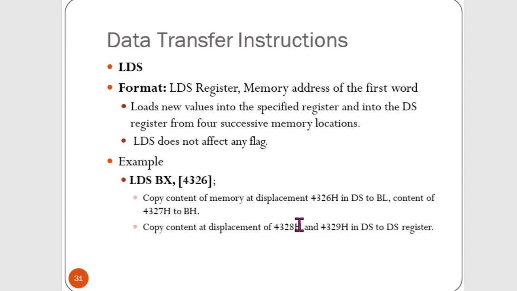Then the consecutive locations thereafter go to the DS register. It copies the 16-bit value from 432X onwards to the BX register, then 4328 onwards to the DS register. That's how you can load a segment register and the BX register. Basically, it helps to point to different segments. I can address different segments.